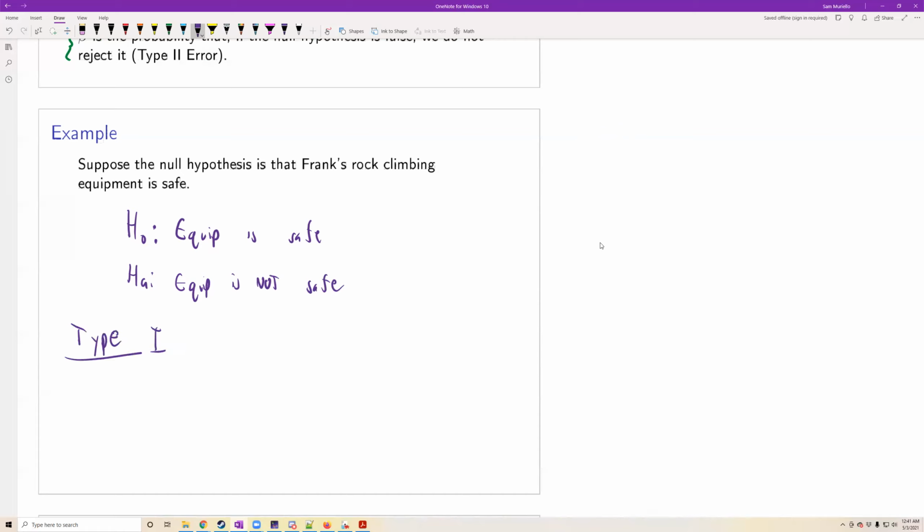Now we can either have type 1 error or type 2 error. Maybe this would be a check that the rock climbing safety people did on the equipment before sending Frank up to go climbing.